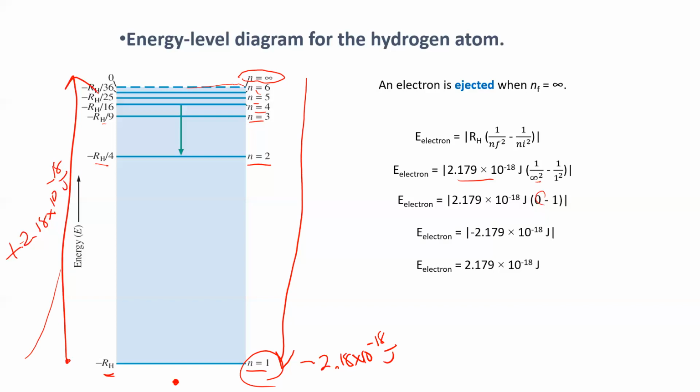Now, what about the energy to remove an electron if it's in the second energy state? How do I figure that out? Well, I just take the n squared and I basically take my RH and 1 over n squared. So if I'm in the second energy level, 2 squared is 4.